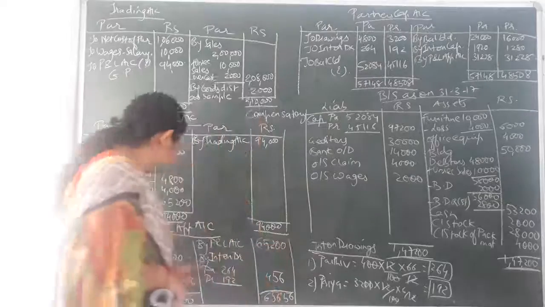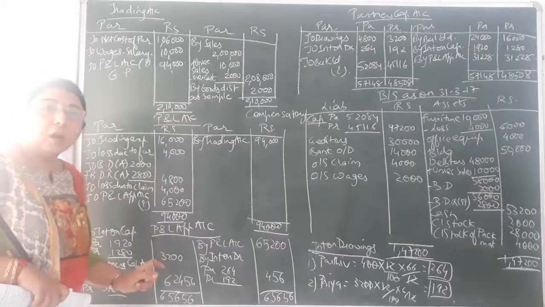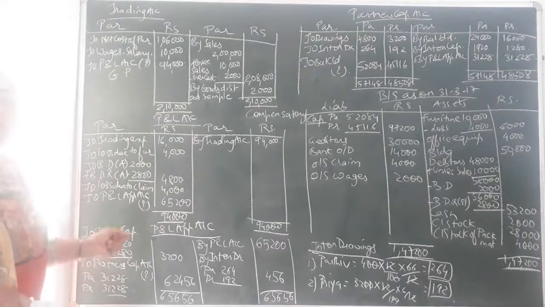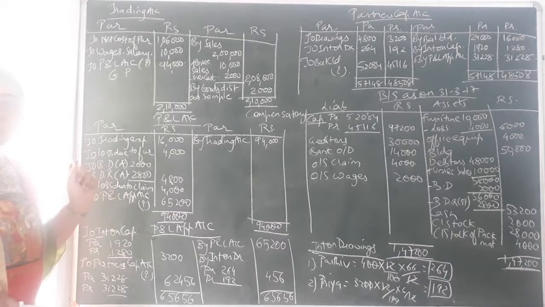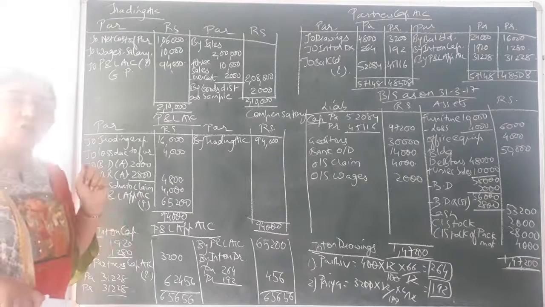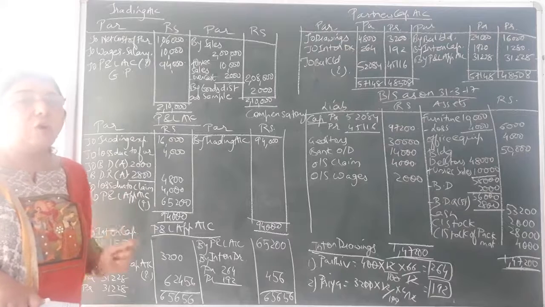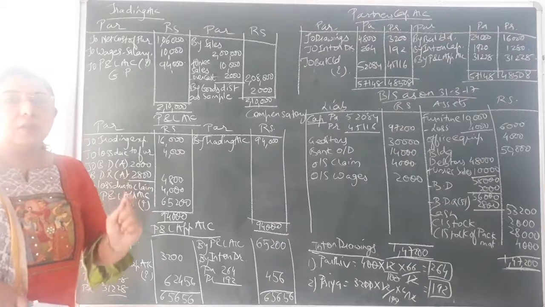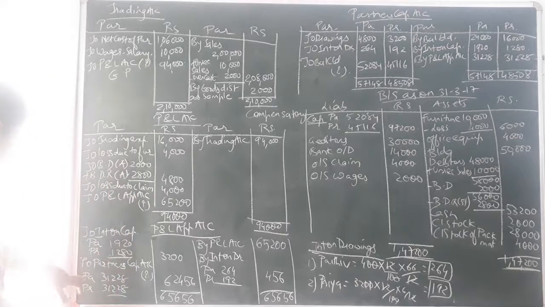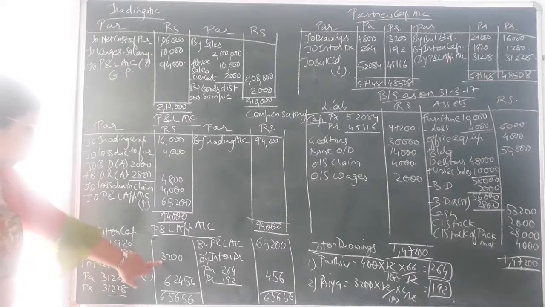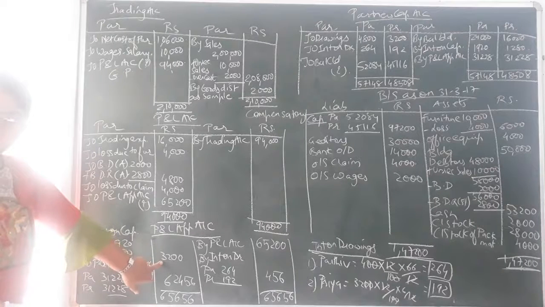And the second effect would be P&L appropriation account, because that would be one kind of expense or loss for the firm, because that much amount of interest on capital the firm has to pay to the concerned partner. Okay, so here you can see I have written to interest on capital, Parthiv and Priya, 1,920 and 1,280. Total that would come to 3,200.